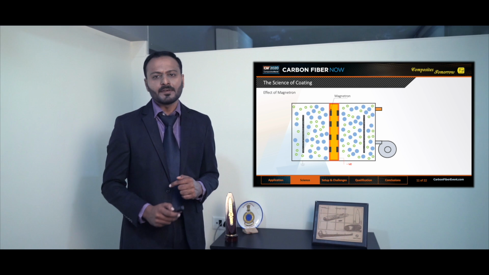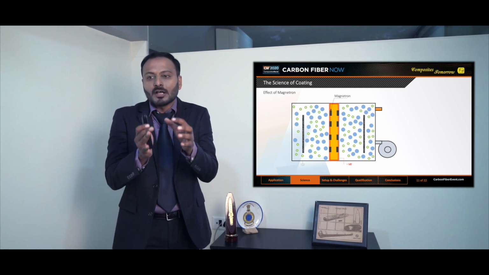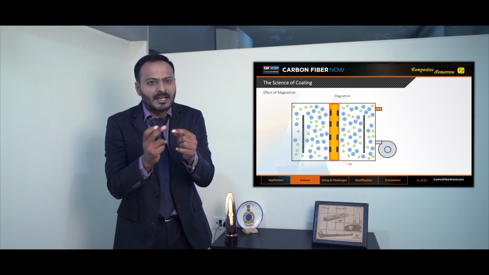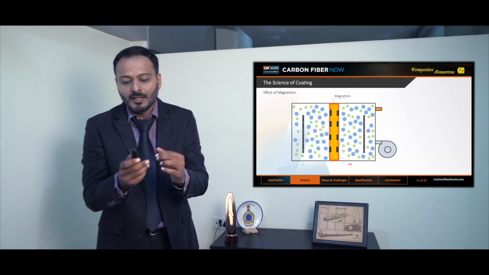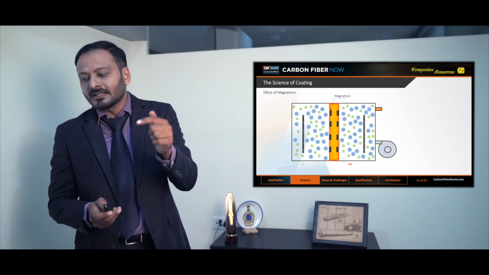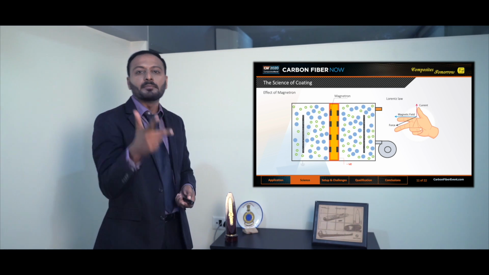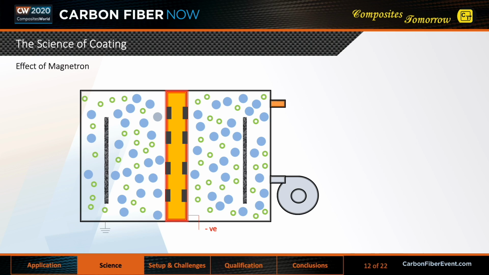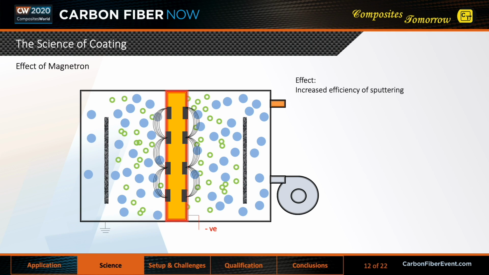Let's say if we introduce a magnetron assembly at the center, a typical magnetron assembly with the electrode coils like a solenoid, whenever a magnetic field is created by Lorentz law, there will be a perpendicular electric field. And what will happen by that? This will attract the positively charged argon ions towards the central target.